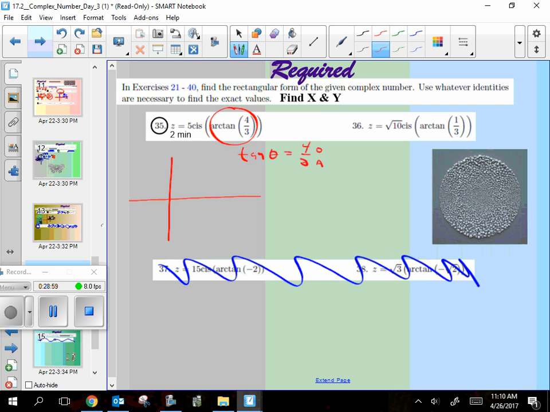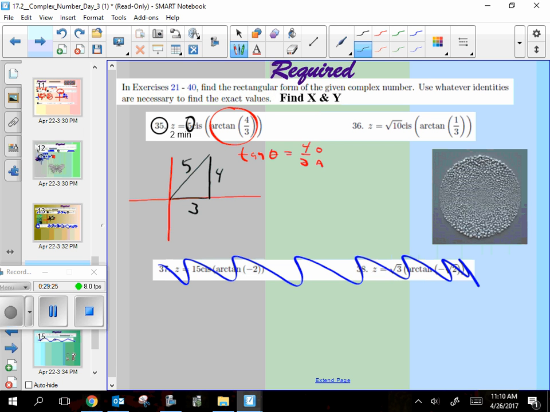Can I draw a triangle that has an opposite side of 4 and an adjacent side of 3? I certainly can. So here's a triangle that has an opposite side of 4 and an adjacent side of 3. So that's 4 and that's 3, and then I can figure out the r pretty quick, can't I? It's got to be 5, and it even has that right there, so that worked out pretty good.